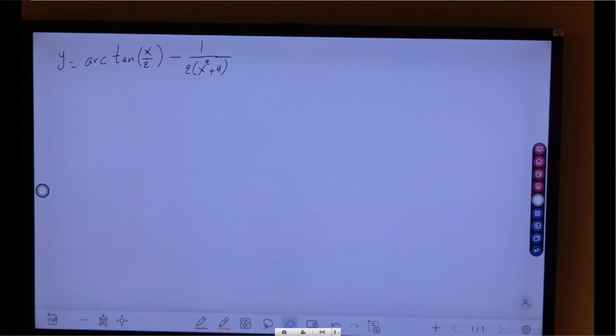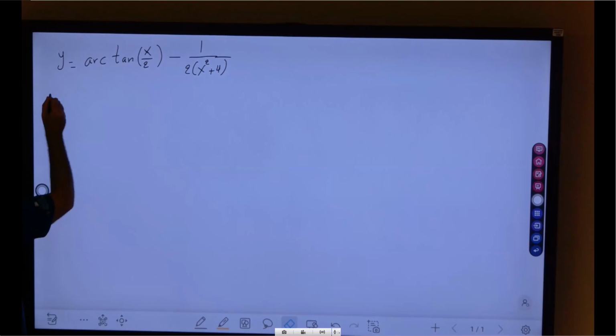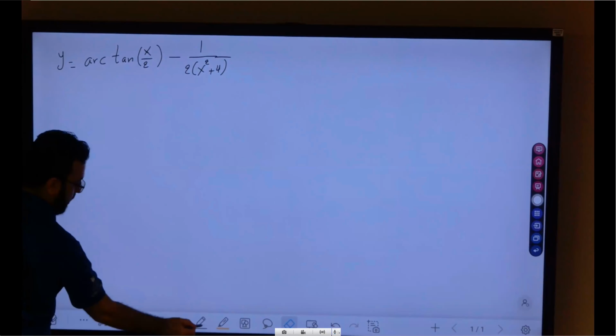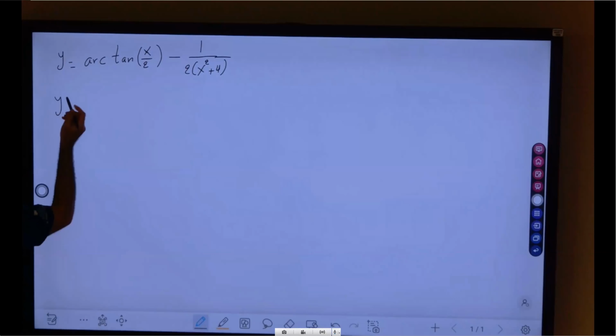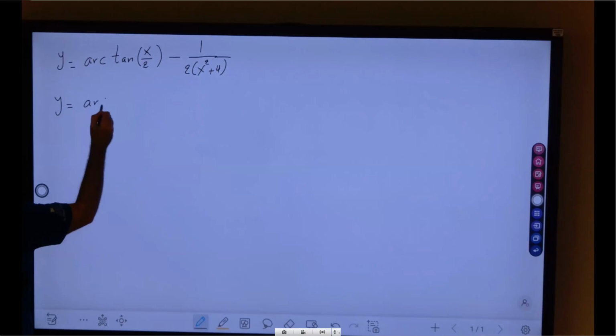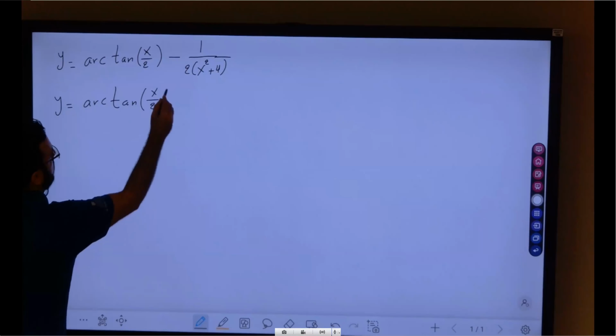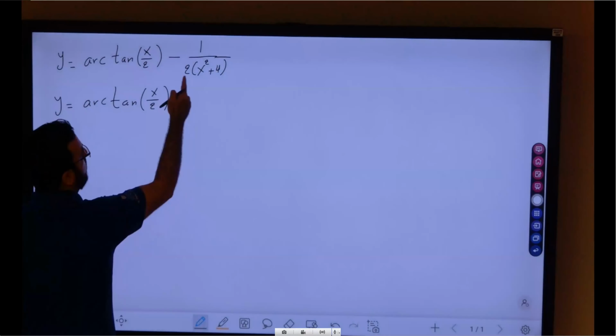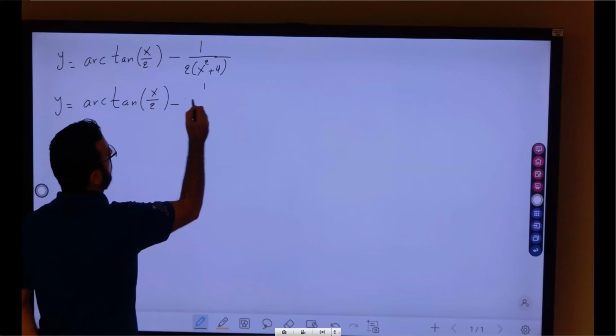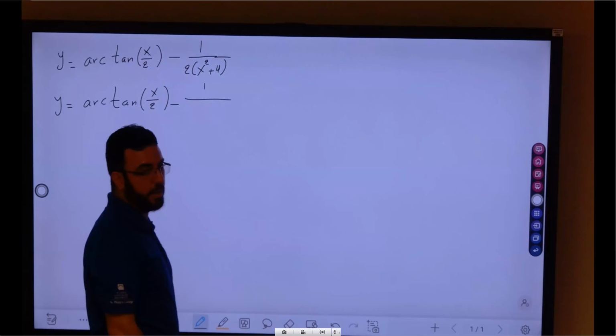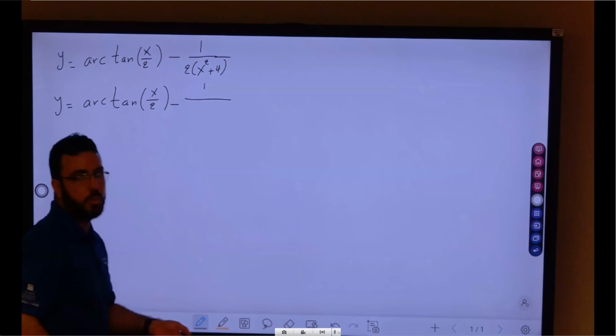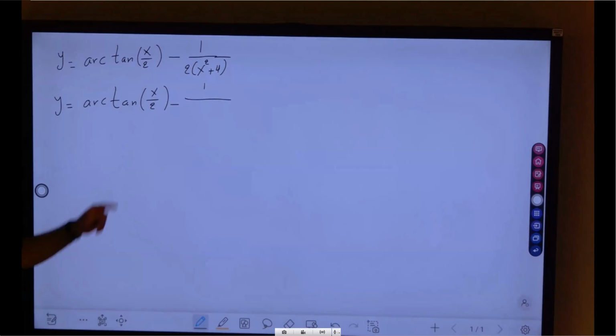So to find the derivative, we're gonna find the derivative here and here. But the main thing is when we simplify. So y prime, before I start, I'm gonna say y by itself. It's arctangent of x over 2 minus, can I distribute the 2? 1 over, because I'm going to do the derivative, I'm not gonna use the quotient rule here.